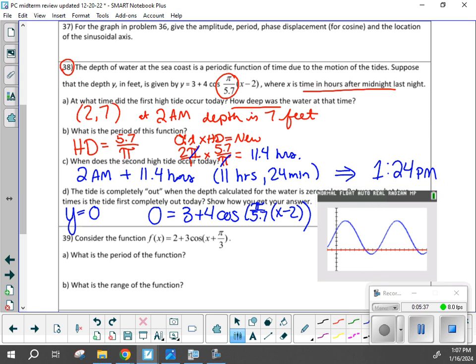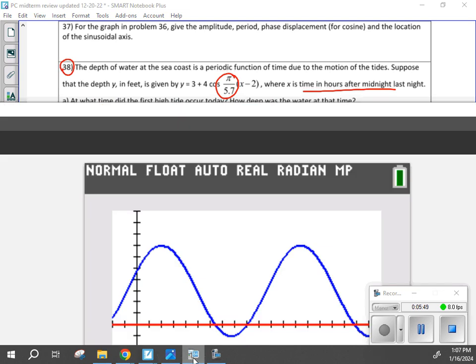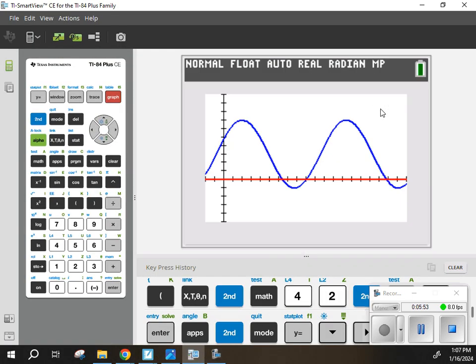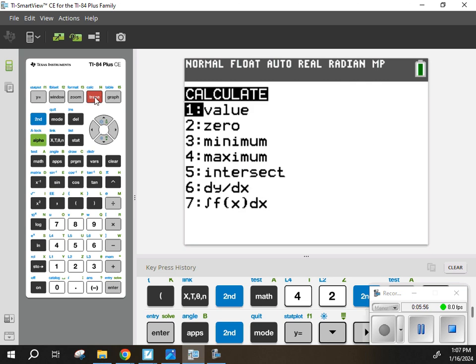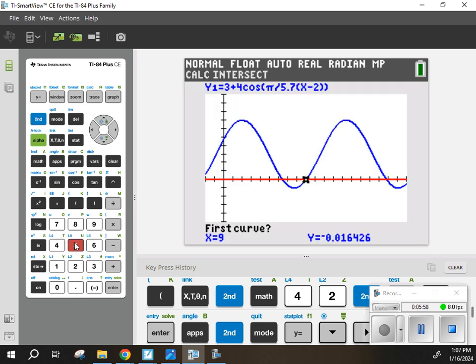Okay, because it says between what two times is the tide first completely out today. So we're going to do 2 quick intersections on the calculator. Okay, so I'm going to do a second trace, option 5. I'm going to intersect, I could find that one since I'm here.